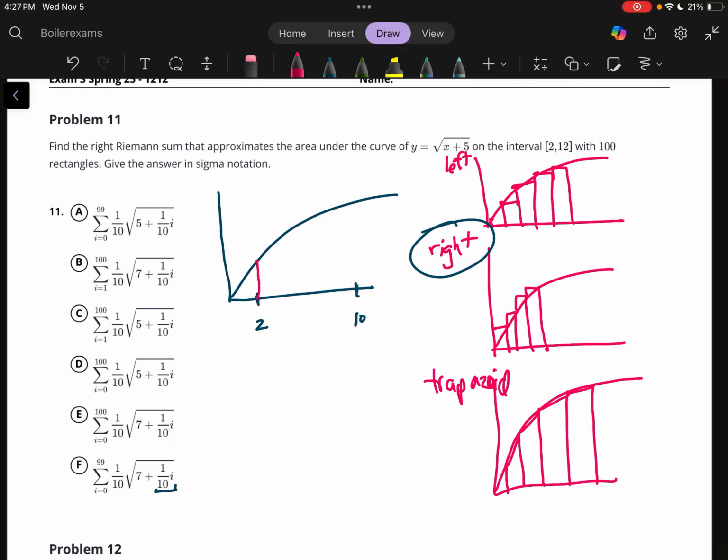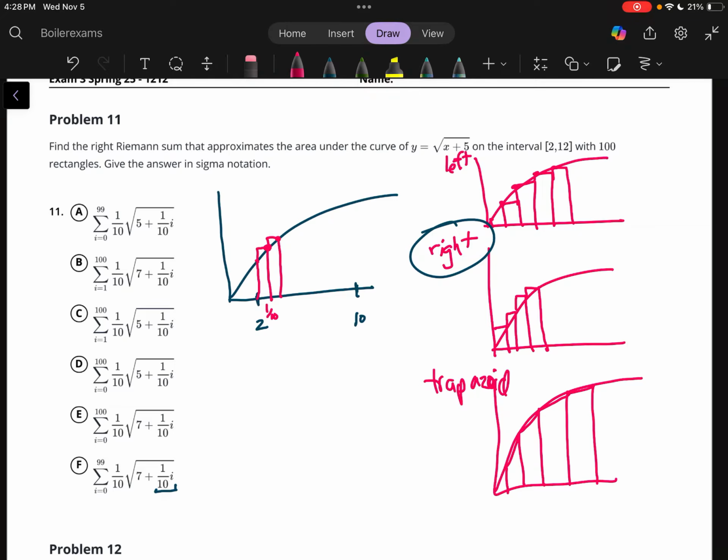So if this is i/10, this length is 1/10 over here. For each consecutive rectangle, I need to multiply by i for the next rectangle.